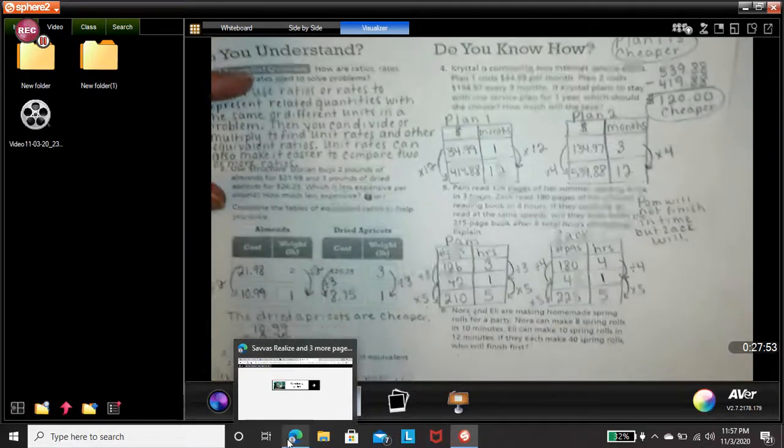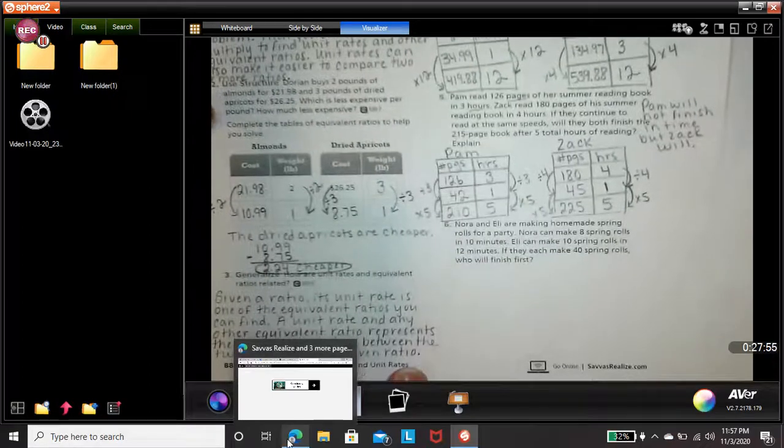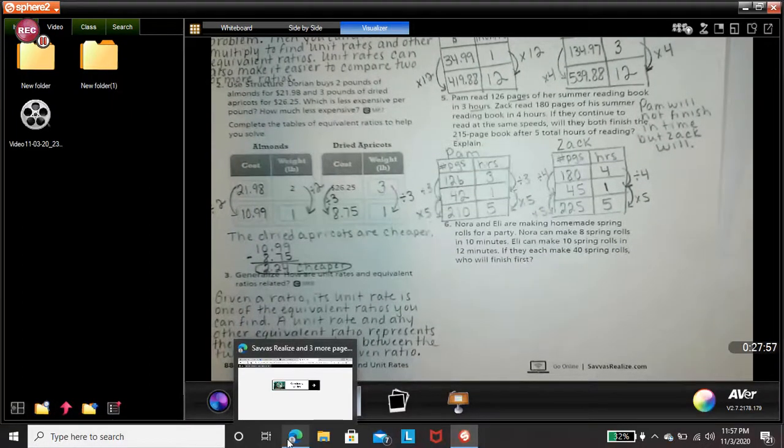Last question. It says Nora and Eli are making homemade spring rolls for a party. Nora can make 8 spring rolls in 10 minutes, and Eli can make 10 spring rolls in 12 minutes. If they each make 40 spring rolls, who will finish first? You are going to complete this problem independently.